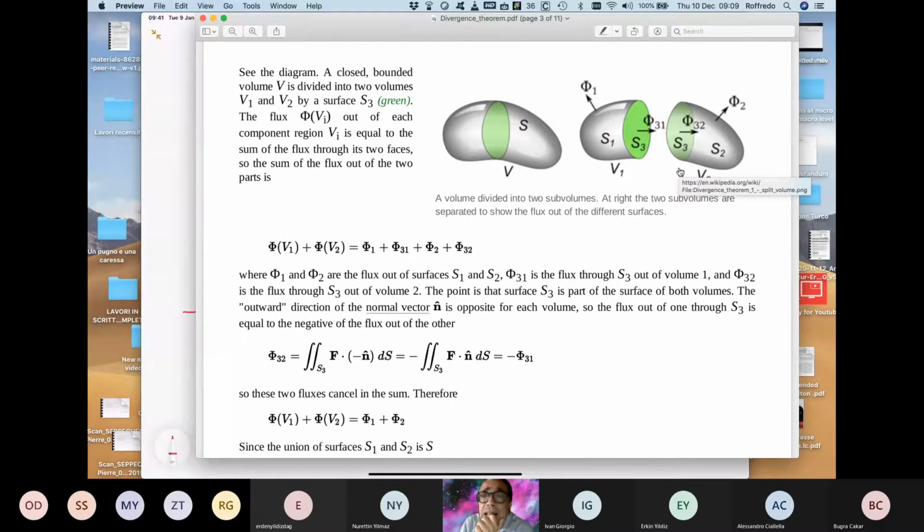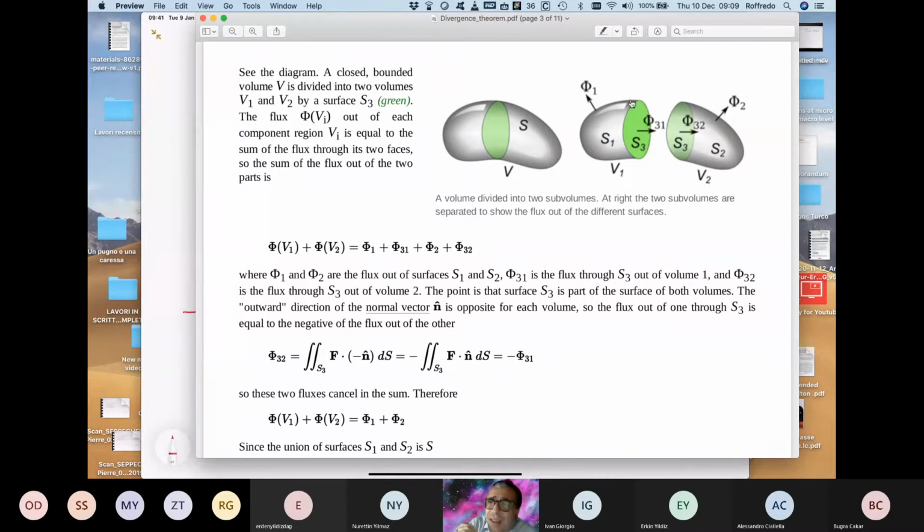However, I want to underline that this picture may be misleading in a sense, because the surface is regular, while, as I told you, this theorem clearly applies even if the surface is piecewise regular, so if you have jumps of normals concentrated on curves.